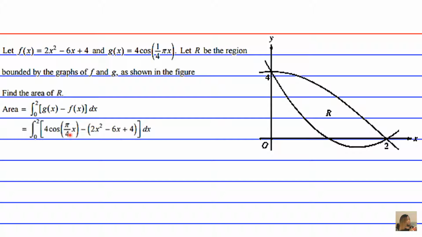So if u is pi over 4 x, then our du is going to be pi over 4 dx. Whenever you differentiate with respect to the variable x and there's only an x, you get rid of the x. So our du dx, our derivative of u with respect to x, is just going to be pi over 4. Let me show you what I'm talking about.